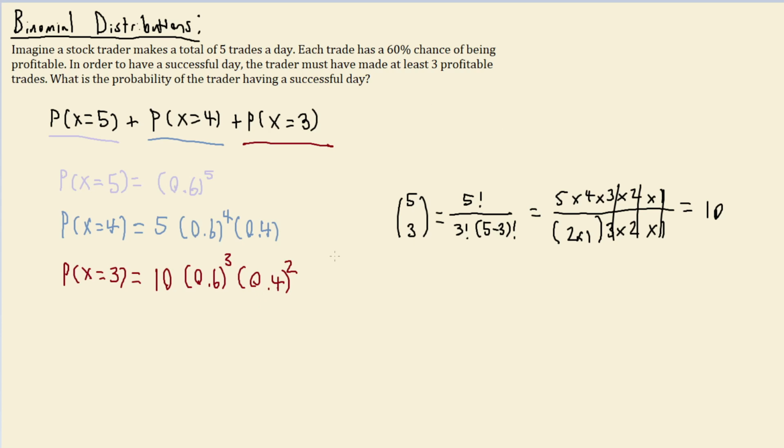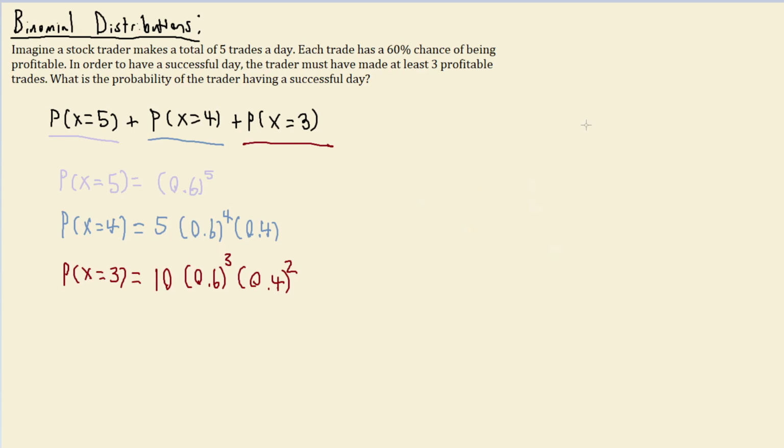So if you actually do the math here, and you calculate out these probabilities for each of these events, we see the probability of the trader having 3 successful trades in a day appears to be about 0.346. The probability here of 4 successful trades appears to be about 0.259.